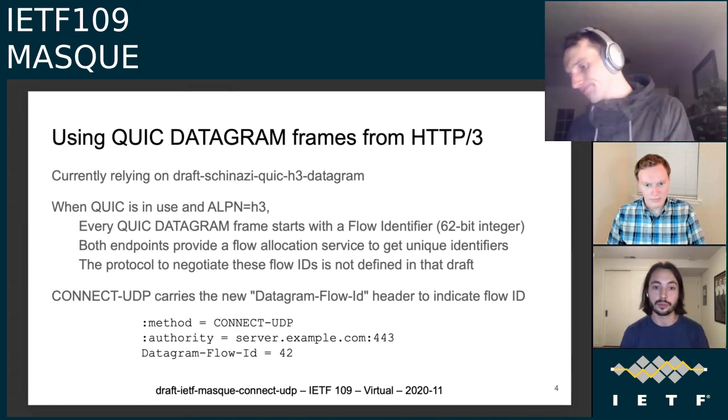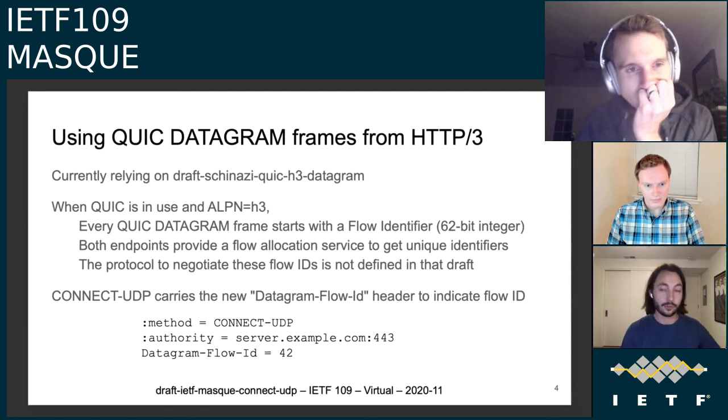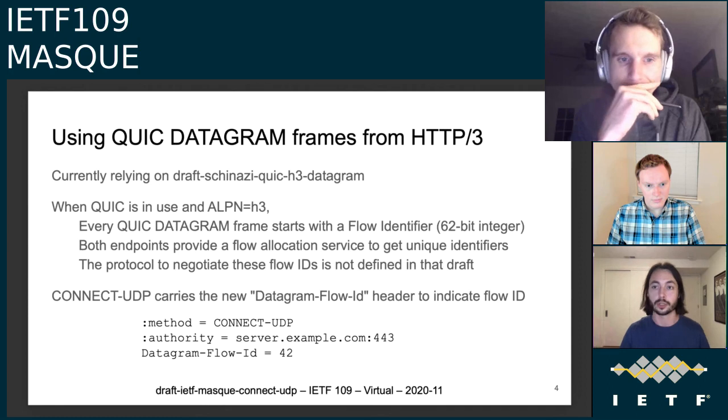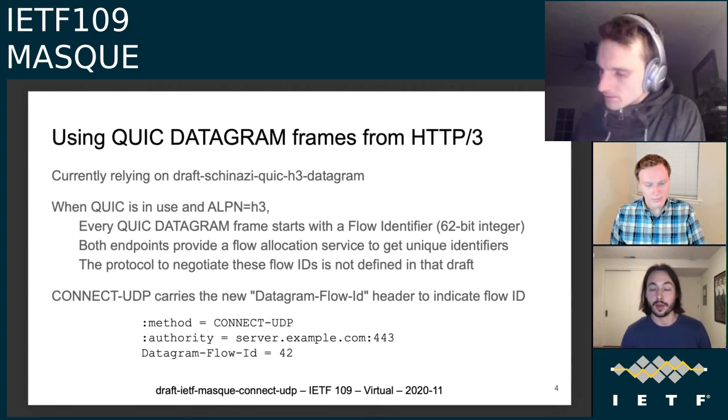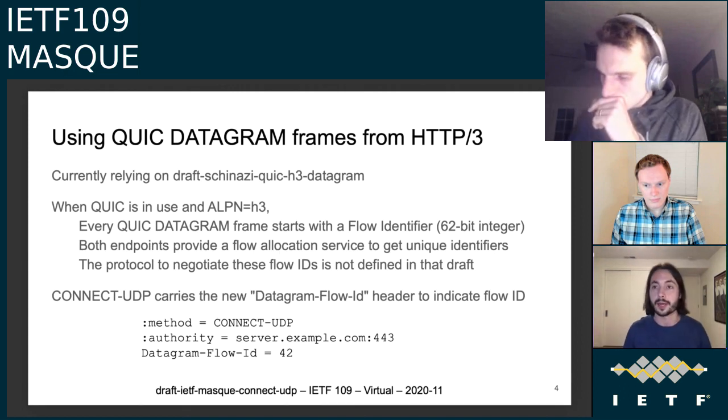So as a client, when you say, I want to CONNECT-UDP to server.example.com, you say, by the way, the flow ID I want to use for this is 42. And if the server agrees, it echoes that in the response, and boom, you're good to go. You can start sending with that flow ID. You can actually start sending at the same time as sending your CONNECT-UDP request in a stream frame, just that if it gets lost, then your UDP packets get lost. So that's just a performance optimization with some caveats.